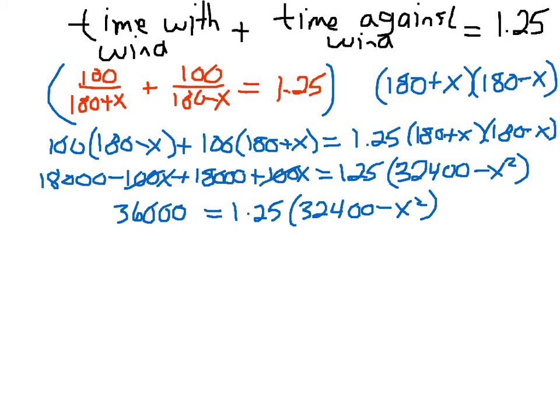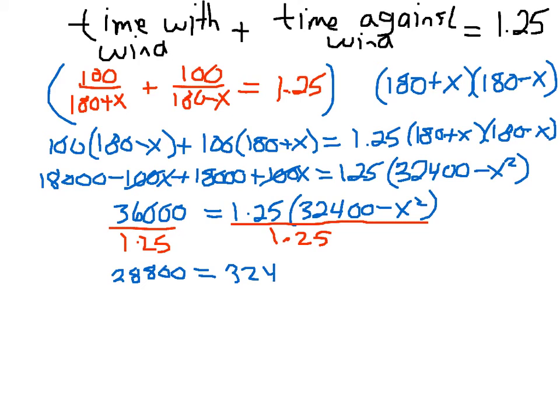I'm going to divide both sides by 1.25 so I can get rid of it, since it's multiplication. On the left-hand side, 36,000 divided by 1.25 is 28,800, equal to 32,400 minus x squared.